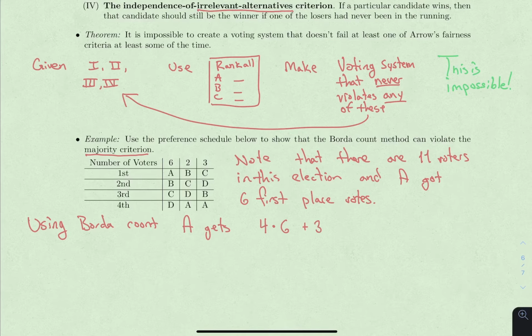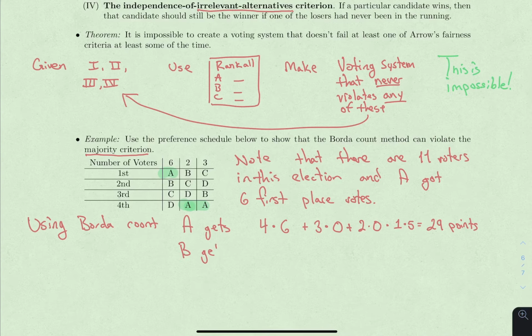They would have got 3 points for every second place vote, but A doesn't get any second place votes. A only gets first and fourth place votes. They would have got 2 points for every third place on the ballot, but they don't have any of those. And they get 1 point for every fourth place. So in total, we have 24 and 5 makes 29 points.